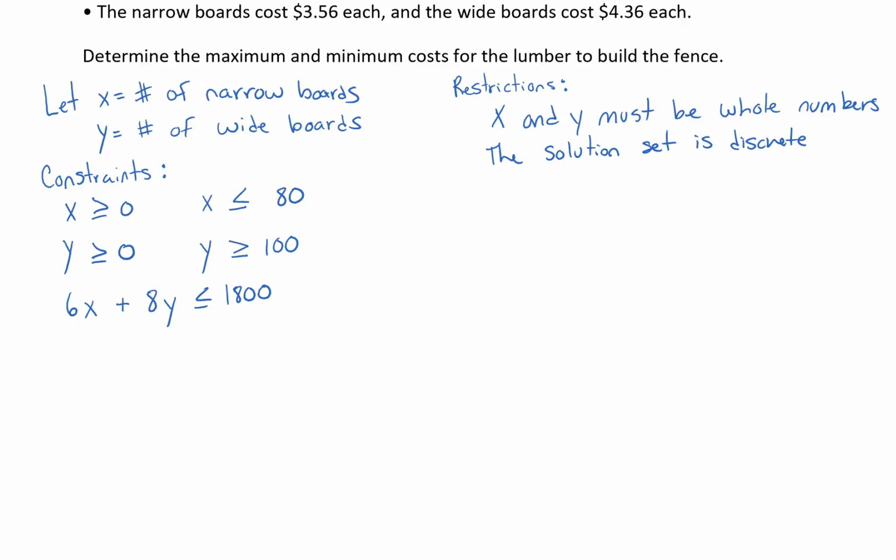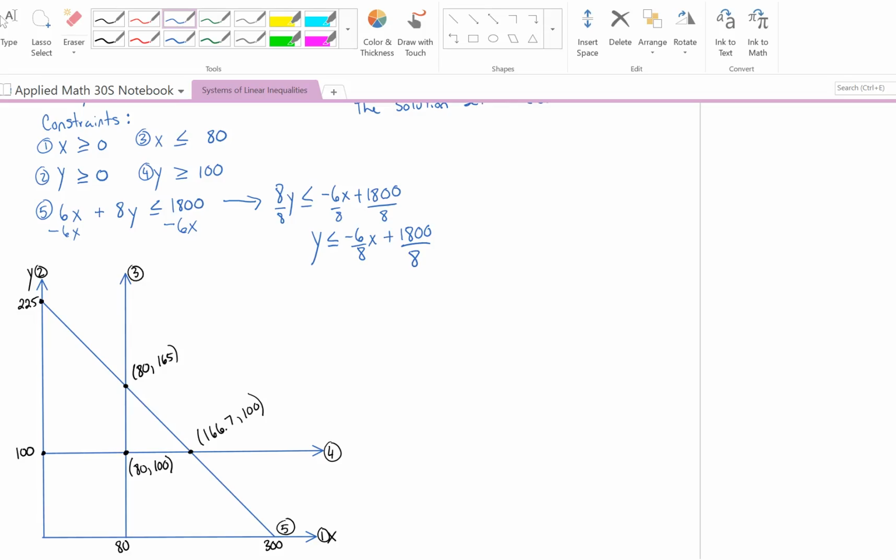Once you're done that, then we'll write out the objective function and test that feasible region, those corner points of that feasible region. Alright, so now that we have that graphed, you can see I've labeled all of my inequalities. I've also labeled my x-intercepts, my y-intercepts.